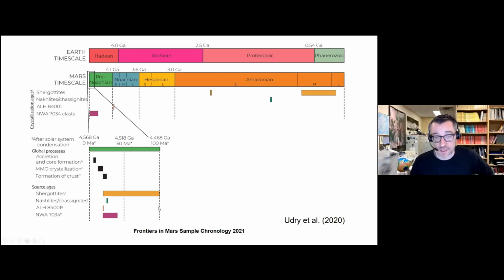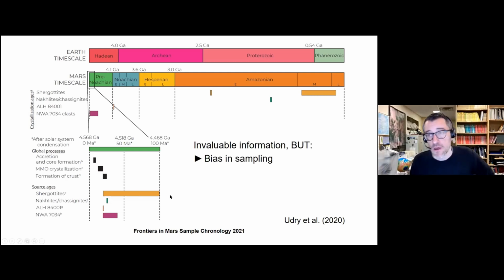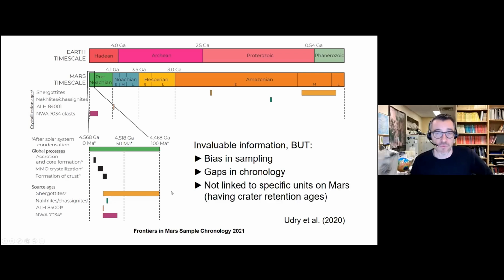So they have really useful and valuable information. However, there's this bias in sampling, and so we've got gaps in the chronology, and we cannot link these rocks to specific units on Mars having crater retention ages, which is something we'll hear about later and maybe discuss later. So all of this informs what we want in terms of samples that we bring back from Mars.